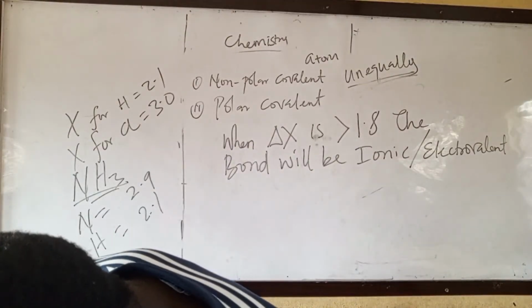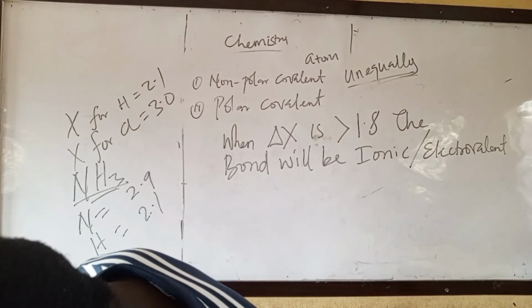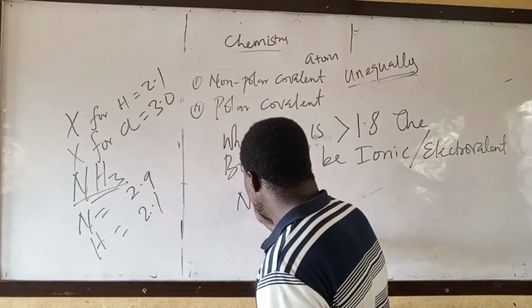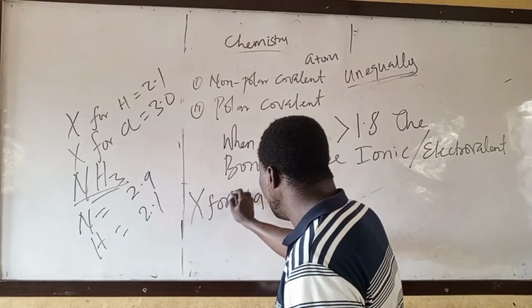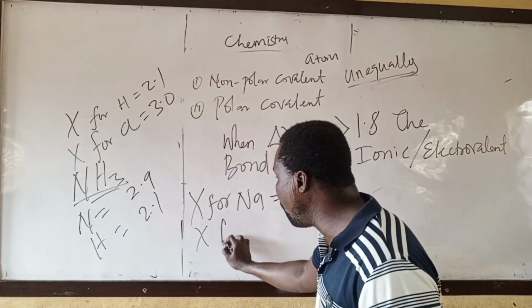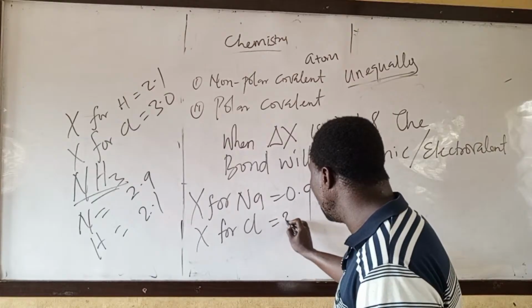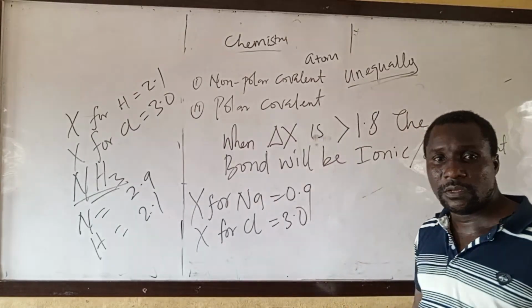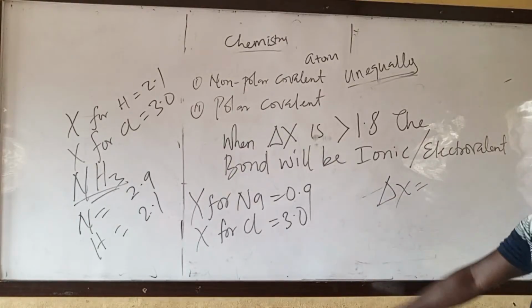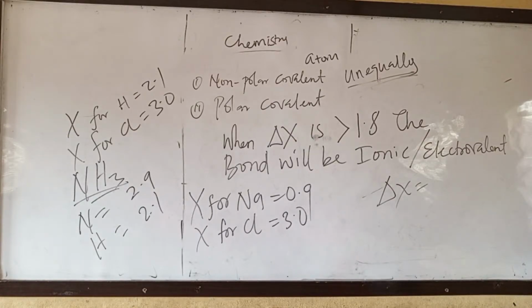Look at this. For example, when you have sodium, the electronegativity value for sodium is 0.9. The electronegativity value for chlorine is 3.0. What is the electronegativity difference? When sodium and chlorine combine, is it an ionic bond, a polar covalent bond or a non-polar covalent bond?